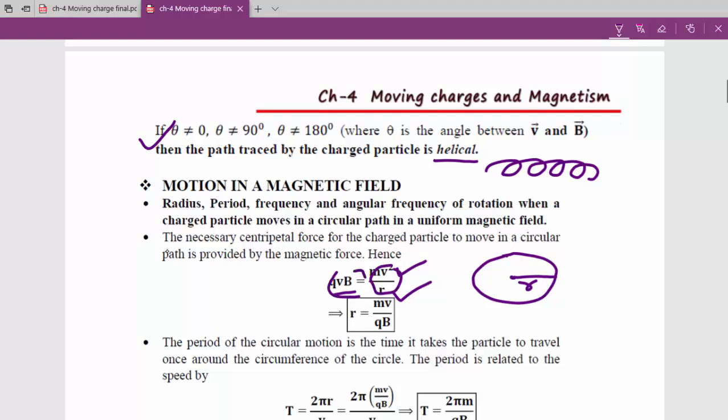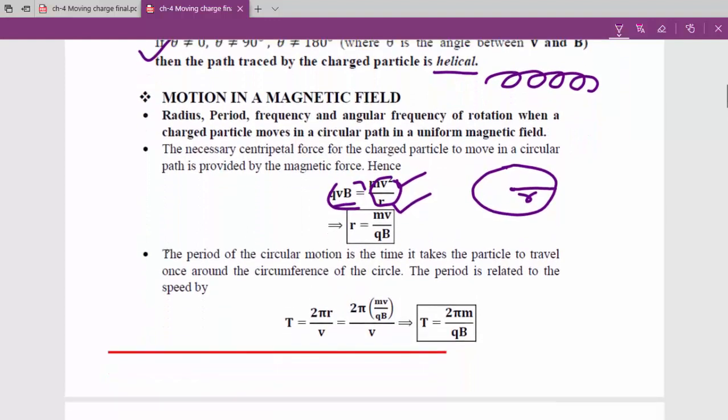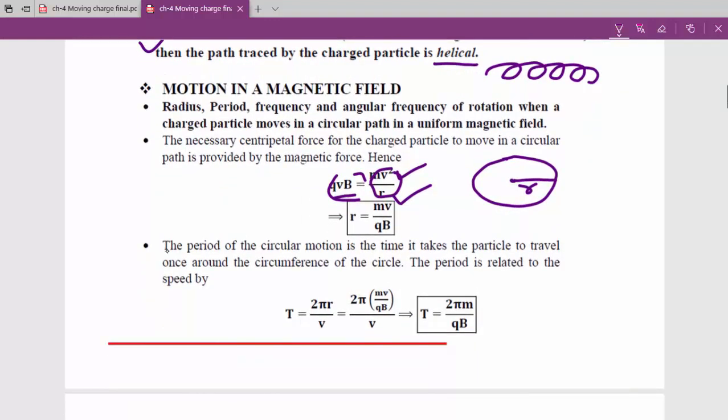So R is mv by qB. What is R? Radius of the circular path. Then the period of the circular motion, time taken to complete one circle, is called time period. So T equal to 2 pi r by v, where 2 pi r is the distance traveled for one circle and v is velocity.